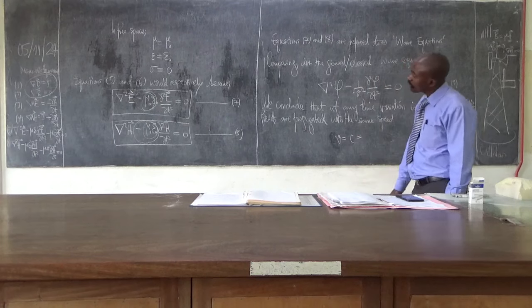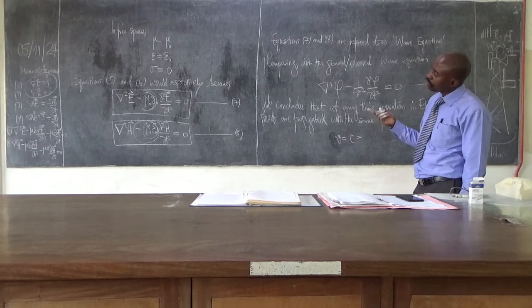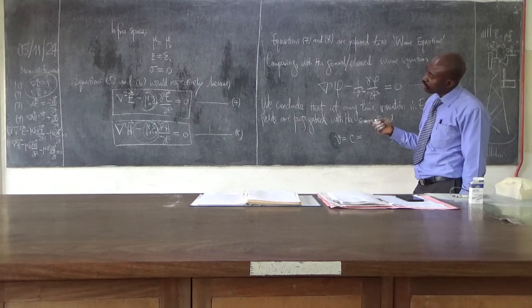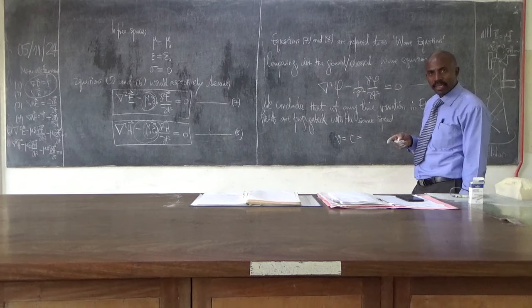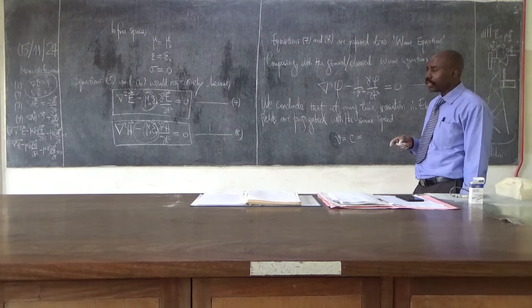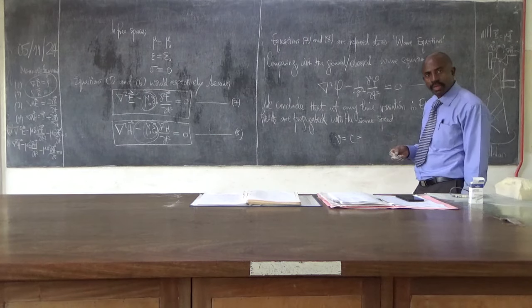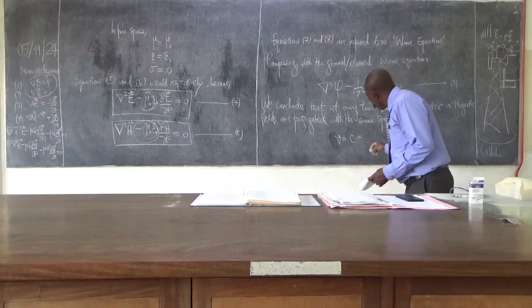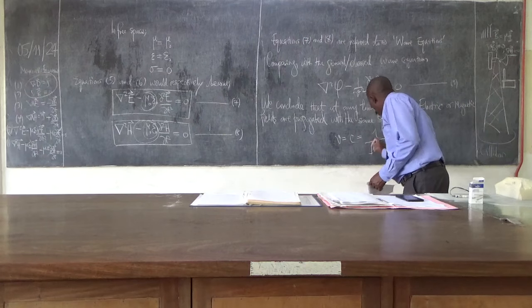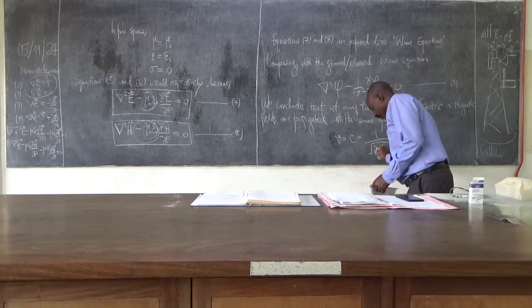If mu naught epsilon naught is equal to 1 over v squared, then that means that v will be equal to 1 over the root of epsilon naught mu naught.